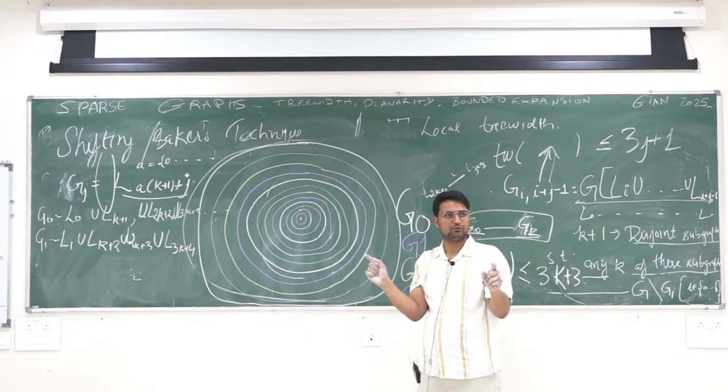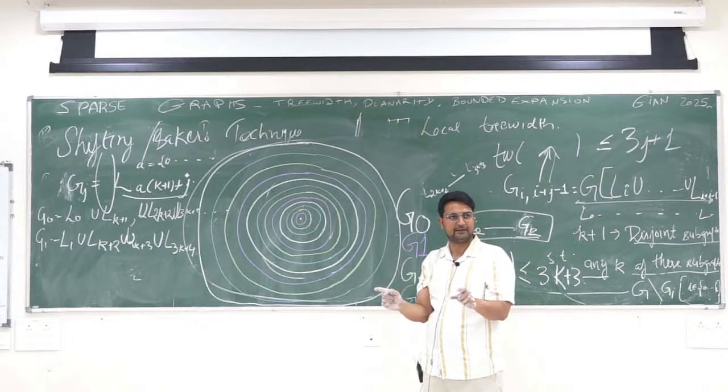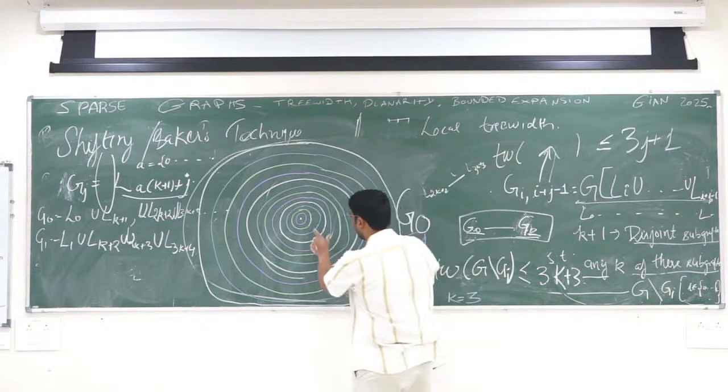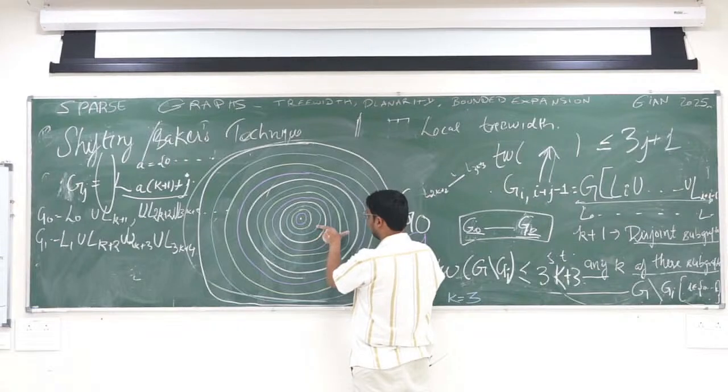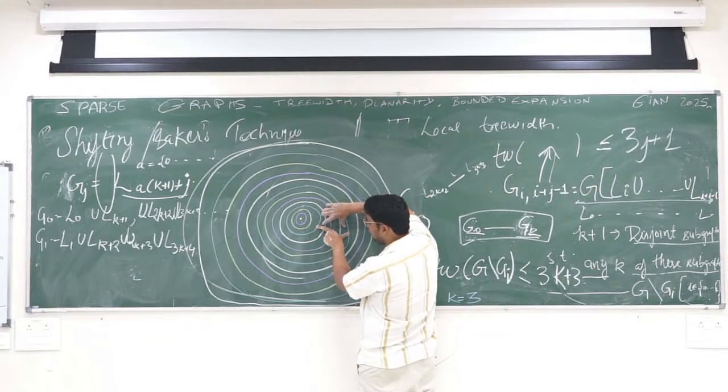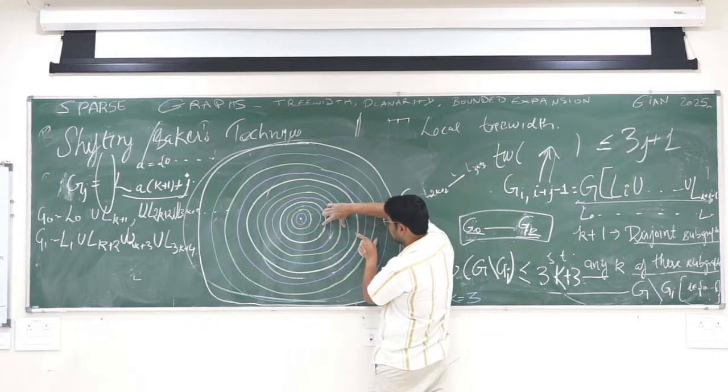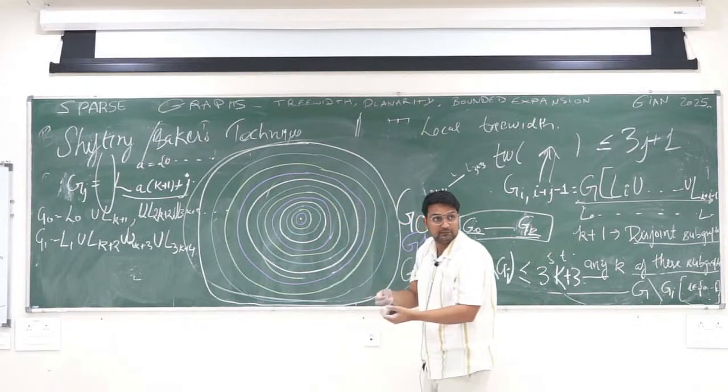Is it clear to all of you that this will disconnect my graph because of planarity? Now when it disconnects my graph, I will have these 3 layers, then these 3 layers, then these 3 layers.